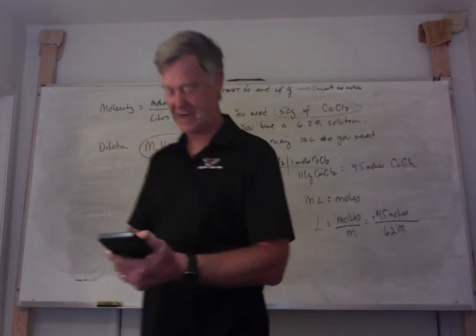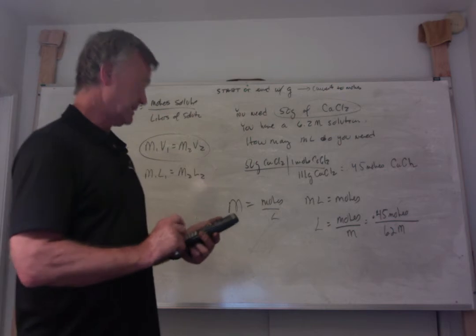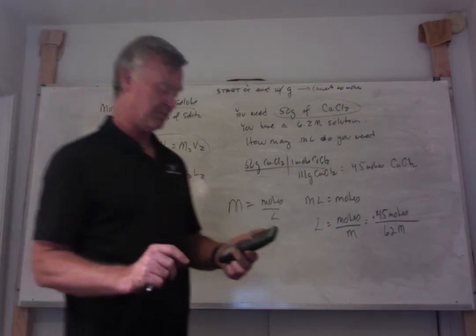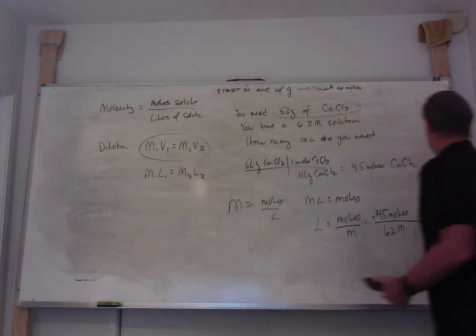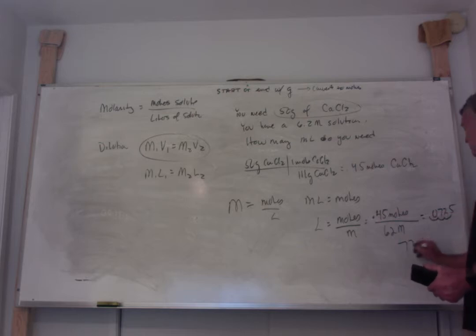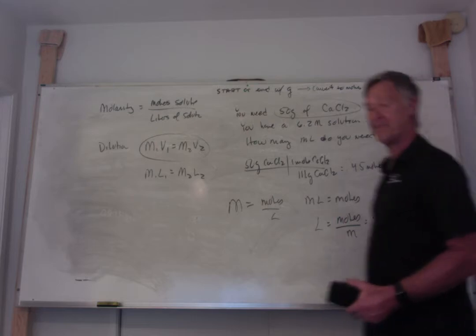So 0.45 divided by 6.2, and this ends up being 0.0725, which means that moving the decimal place over 3 places, 72.5 milliliters, because that's what it asks for.